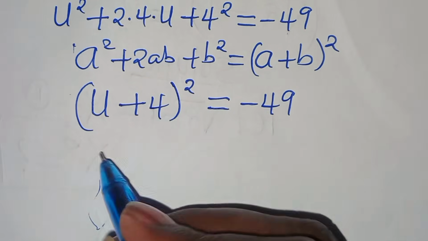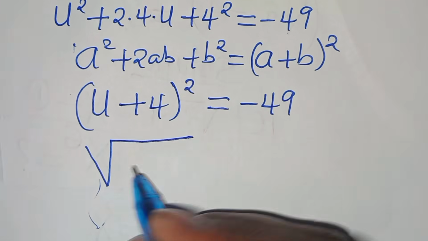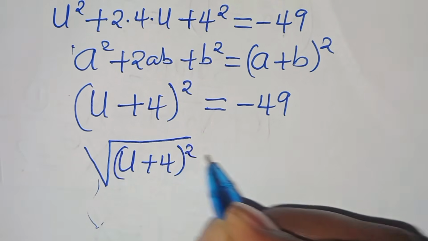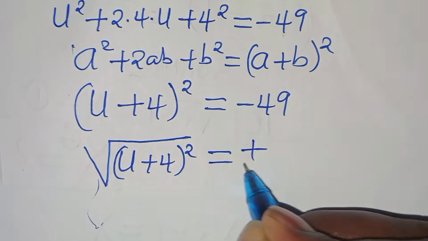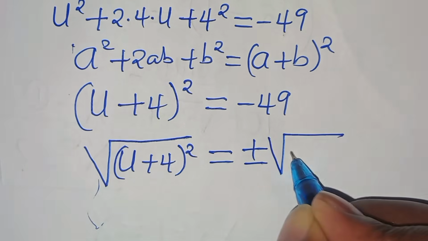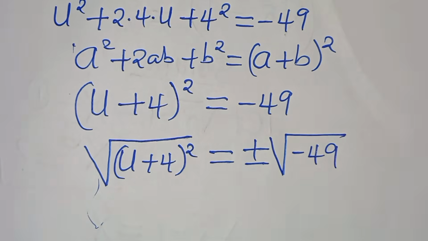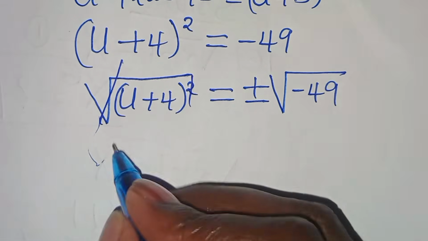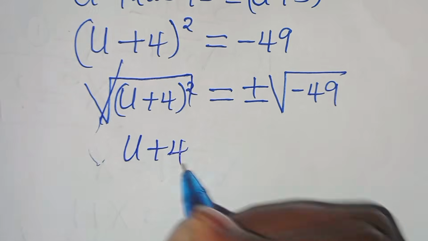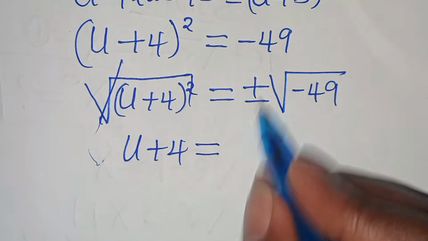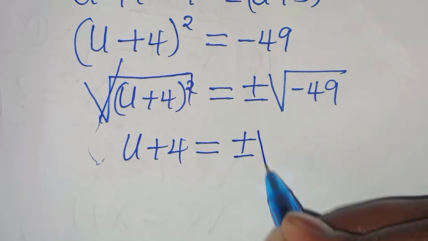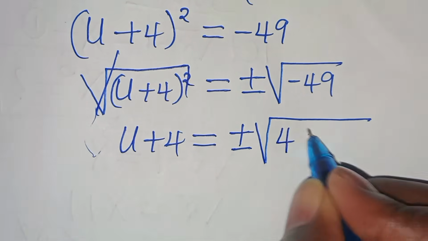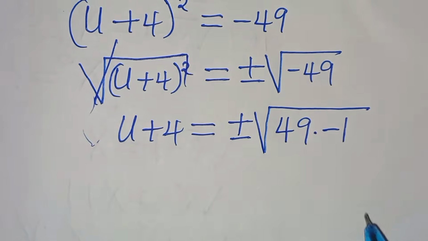Now, let's introduce a square root on both sides so that we have u plus 4 raised to the power of 2 equal to plus or minus the square root of negative 49. So that now we eliminate the square root sign here. We have u plus 4 equal to plus or minus. We can express the square root of negative 49 as the same thing as square root of 49 times negative 1.